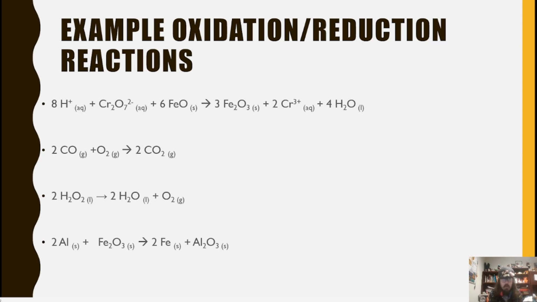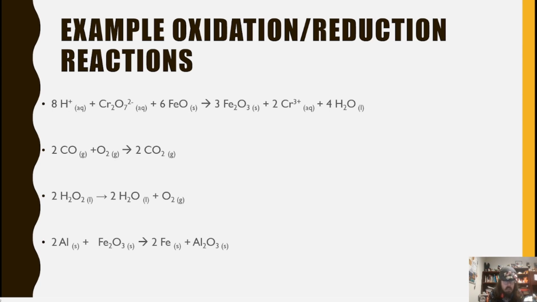O2 is a pure element. Consuming O2 to go from carbon monoxide to carbon dioxide means oxidation must occur. So carbon is 2+ on the reactant side and it's 4+ on the product side.